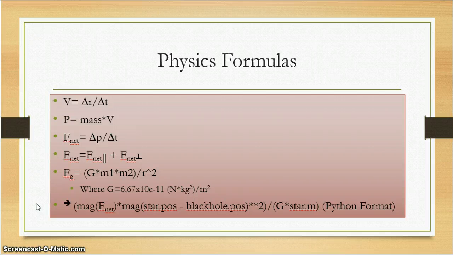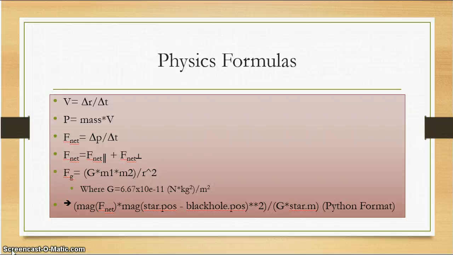In this case, G is equal to 6.67 times 10 to the negative 11 newtons times meters squared per kilogram squared. The gravitational force is directly proportional to the product of G times m1 times m2 and is inversely proportional to the square of the distance between the 2 points.